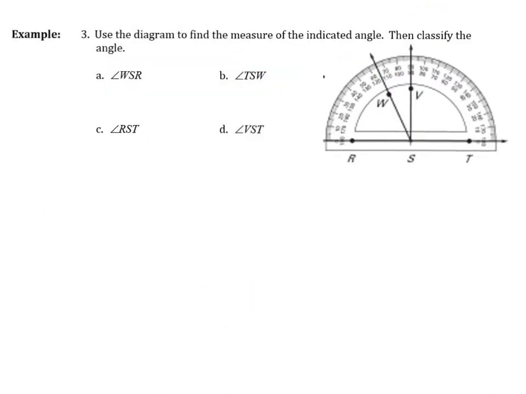So let's use this picture on the right to figure out the measure of these angles and then classify the angle. By that I mean acute, right, obtuse, or straight. So first one is WSR. So let's connect those dots, WSR. So I'm referring to this angle over here.